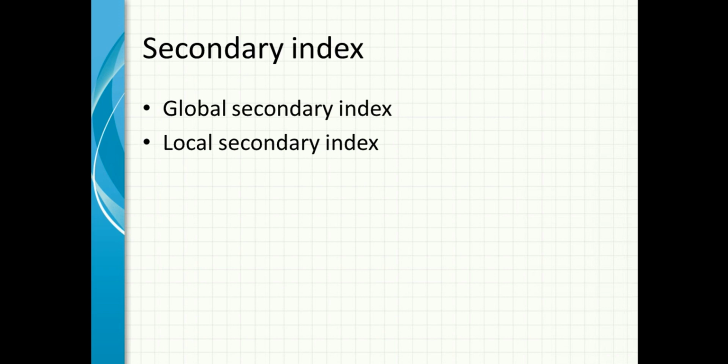The global secondary index is where we don't use the primary key and sort key already defined for the database, and we use a different primary key and a different sort key. That is called a global secondary index.